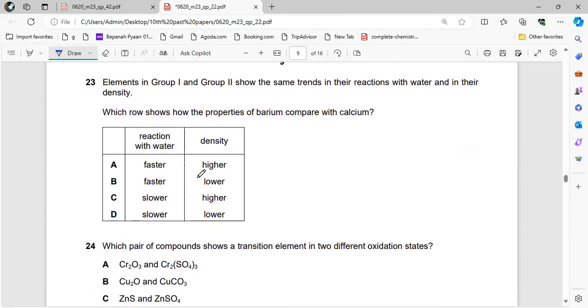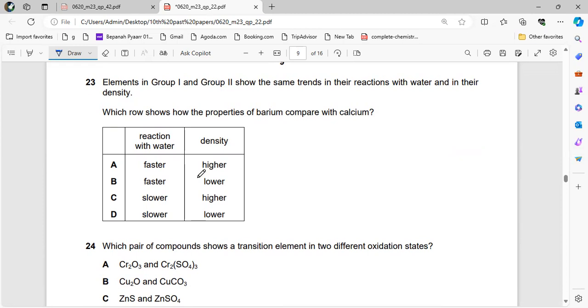Elements in group 1 and group 2 show the same trends in their reactions with water and in their density. Which row shows how the properties of barium compare with calcium, reaction with water and density? Now, group 2 has similar chemical properties as group 1.